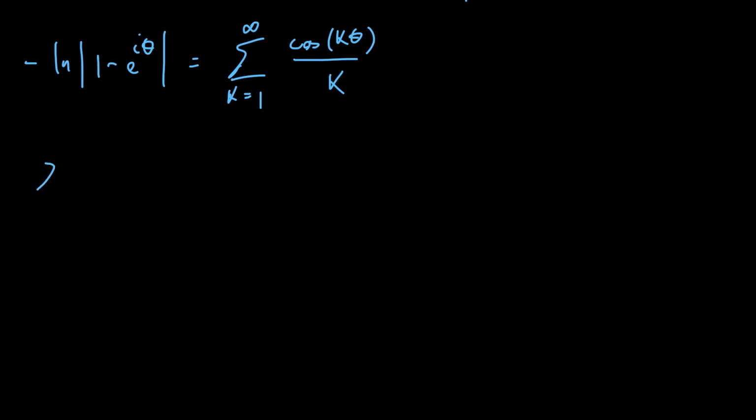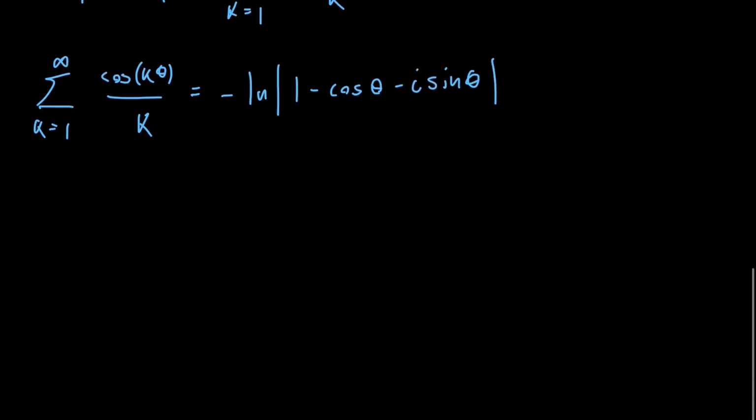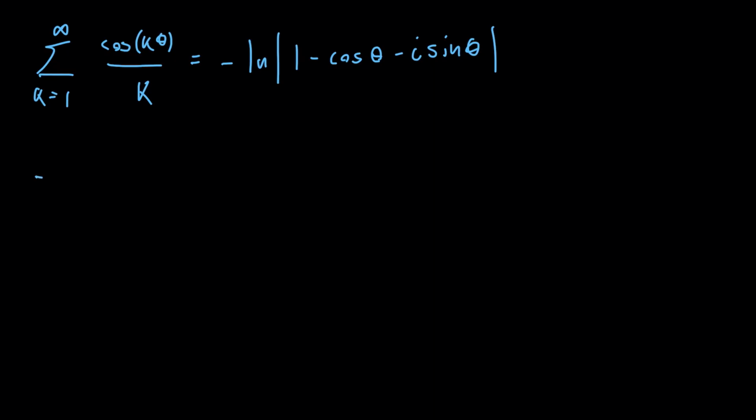So we have sum from 1 to infinity cosine of k theta over k is negative the natural log of the modulus of 1 minus cosine theta minus i times the sine of theta. So we're going to have a negative the natural log.